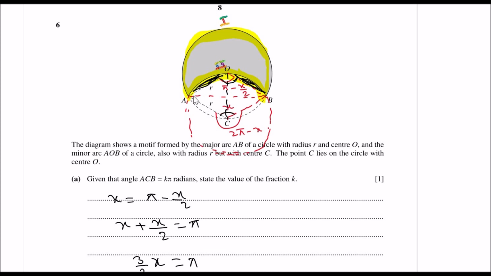So this is the whole area we are talking about. From that, if we subtract this segment area, that gives us the shaded area. Okay. So that's fine.